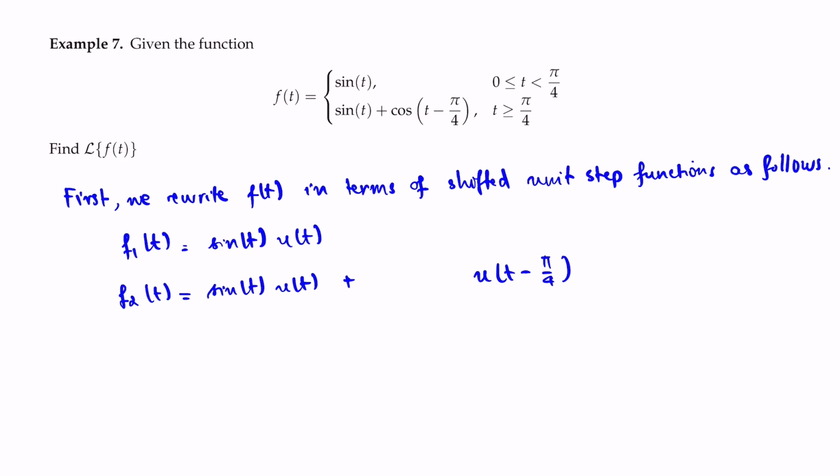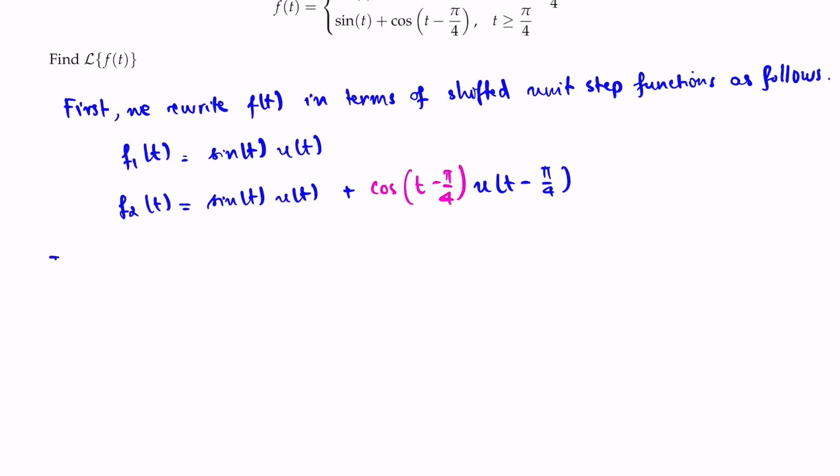Now, what are the coefficients? For the coefficient, you take the new function and subtract the old function. So sine of t plus cosine of t minus pi over 4, subtract sine of t. Sine of t minus sine of t, you're only left with the coefficient cosine of t minus pi over 4. Do you see that? Any questions on this? Then the function, one more time.